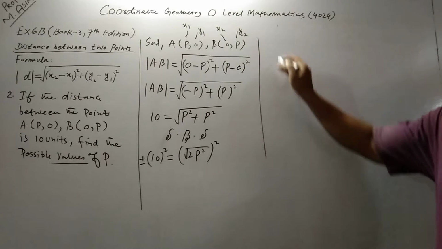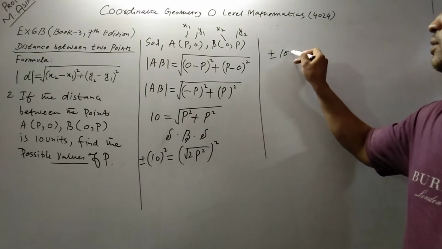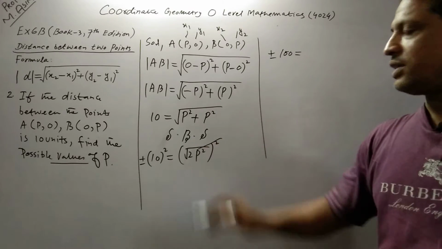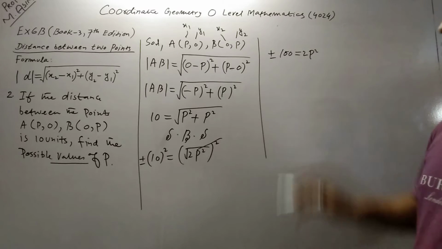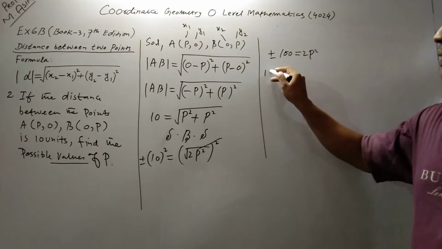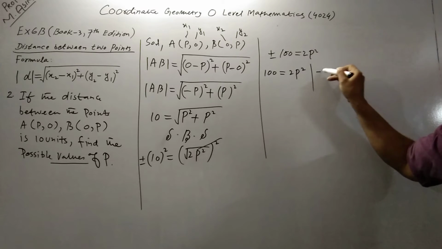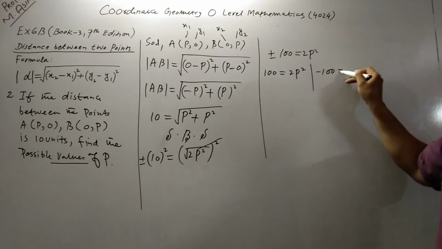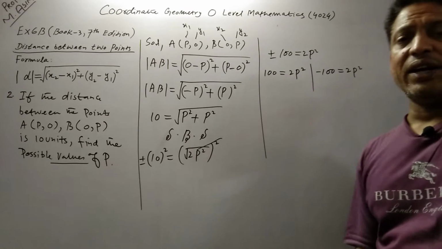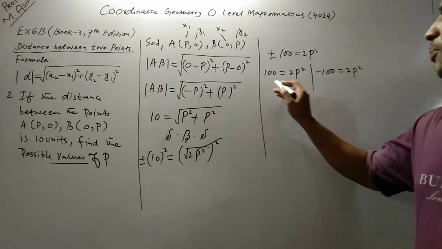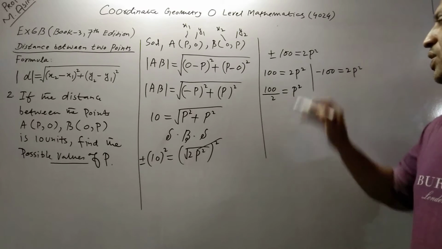Okay, so plus minus 10 square is 100, square cancels root. The answer is 2p square. So one value is plus 100 is equals to 2p square, and the other value is minus 100 is equals to 2p square. This 2 should divide on the other side. 100 upon 2 is equals to p square.